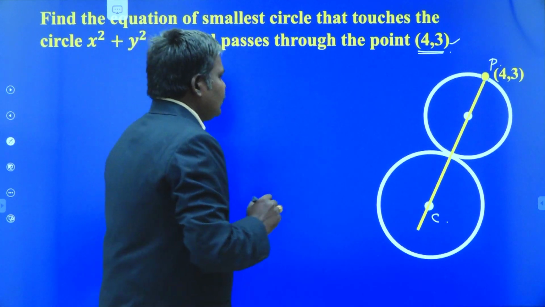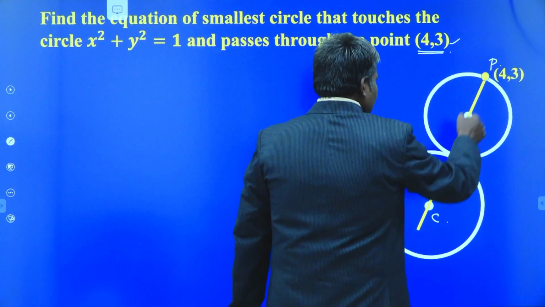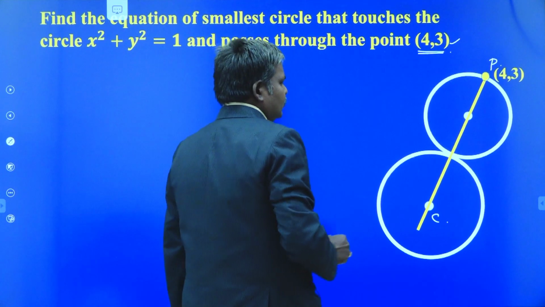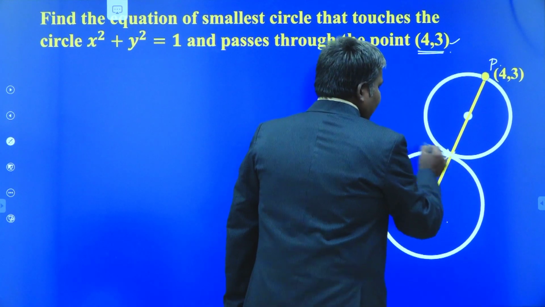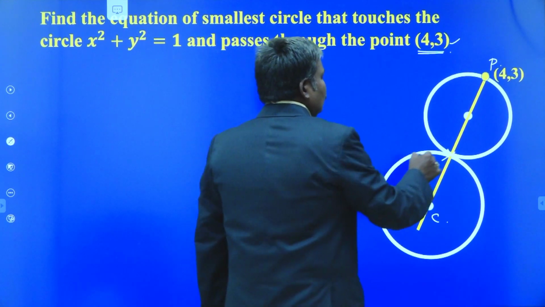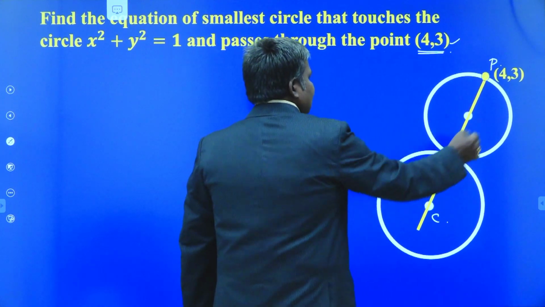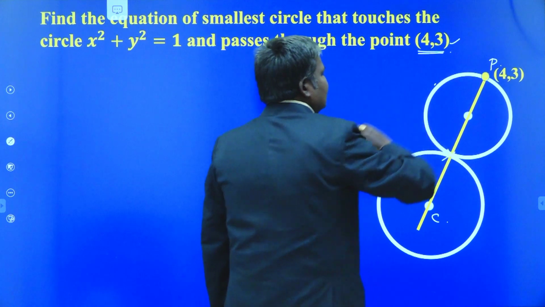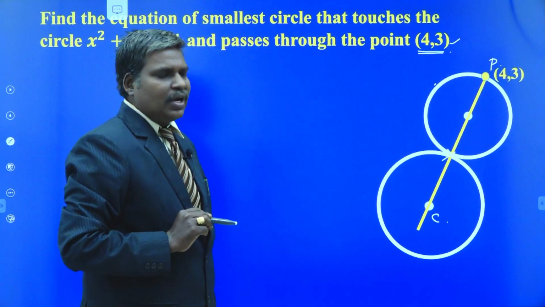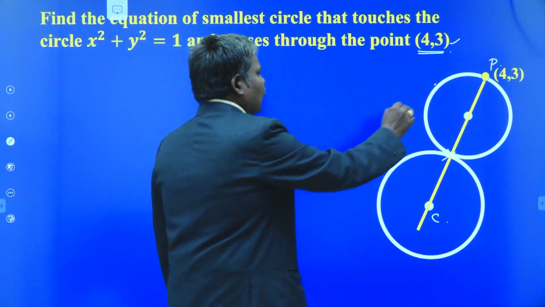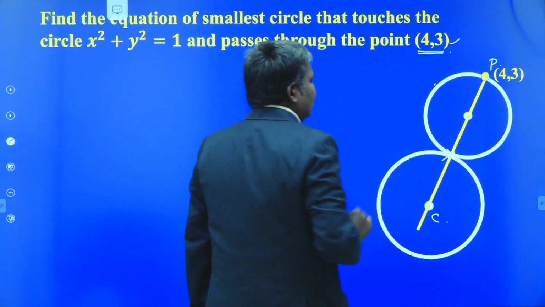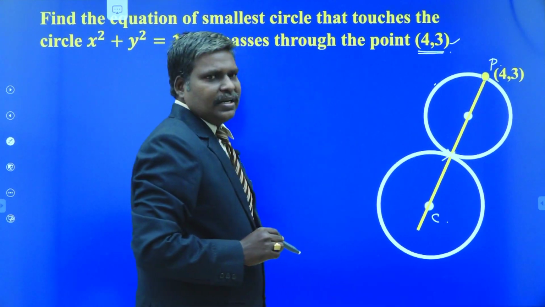Just join the point P to C first of all. You get a point of intersection. You draw the circle with P and this point of intersection as diameter, that is the smallest circle. That is the smallest circle passing through the point P and touching the circle externally.